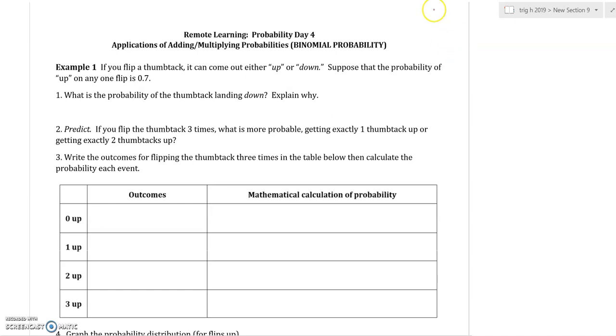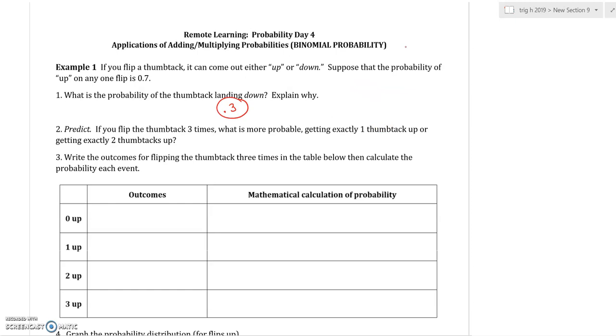So notice it's not a 50-50 option here. Now, landing down then would be 0.3, because again, you're only going to have two options. Up would look like this, and down where the tack would kind of look like that on the ground. Okay, so again, up is more probable.